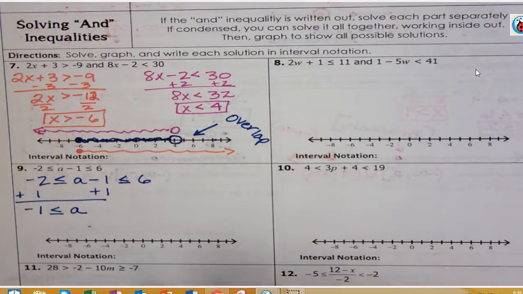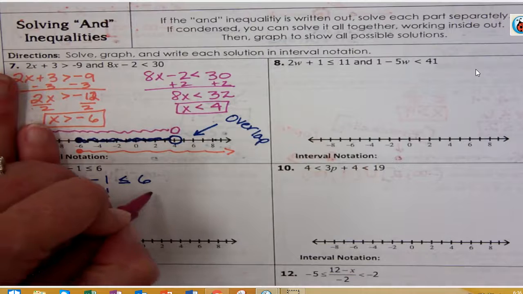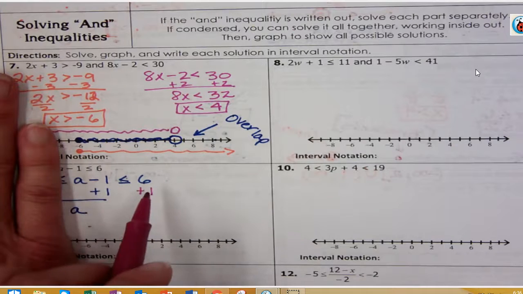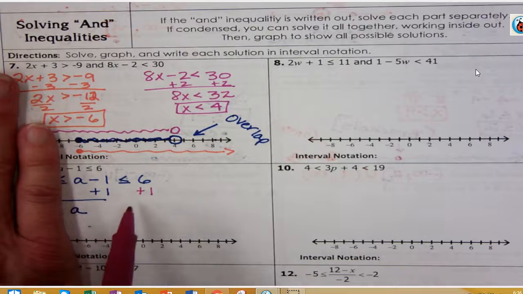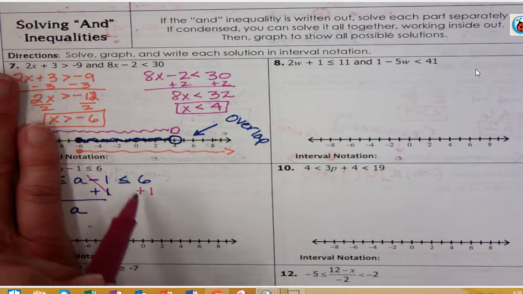Then you come over to this one, and it's hard for me to do that since I write left-handed. You're going to add 1 to this side, because now you're solving this one, and you're left with A. This cancels out.